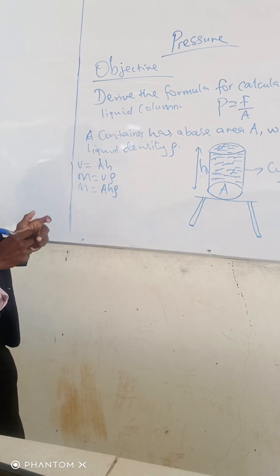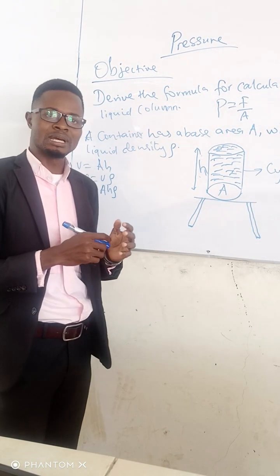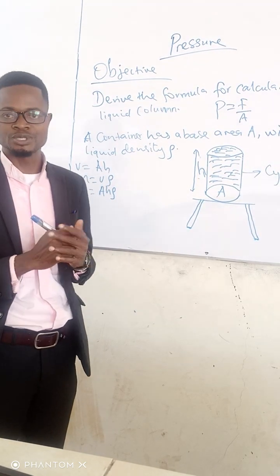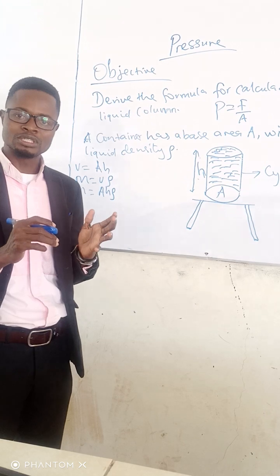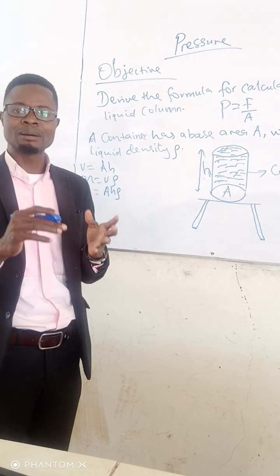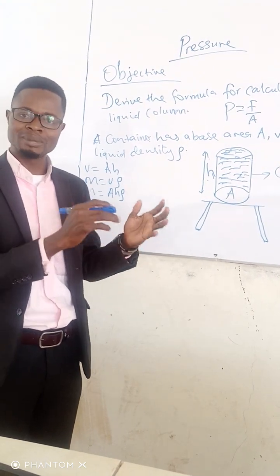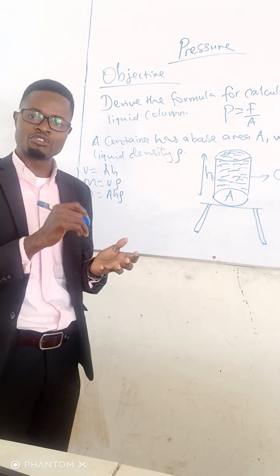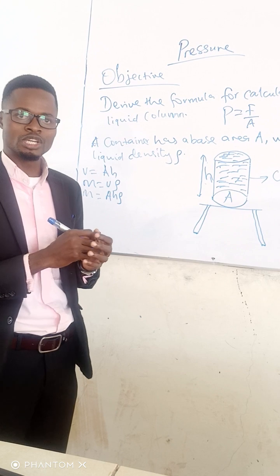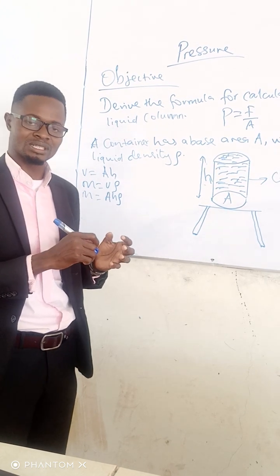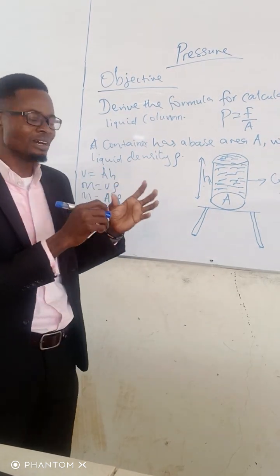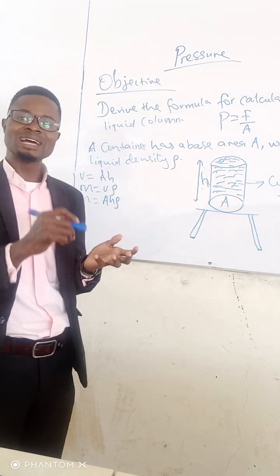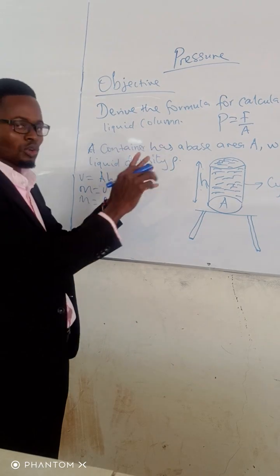But remember, in our previous lesson, we talked about the difference between mass and weight of an object. And I told you that mass is nothing but an amount or quantity of matter in an object. So for us to derive the formula for calculating pressure, you need mass, you need volume, and then we need the weight of that container.